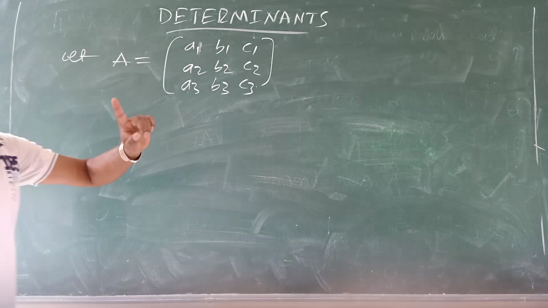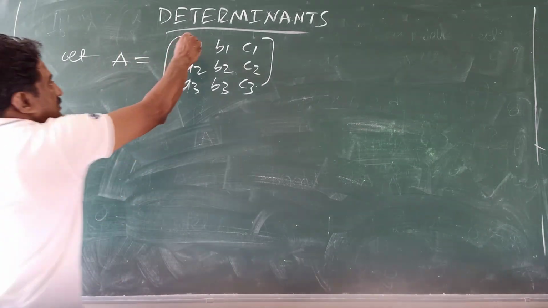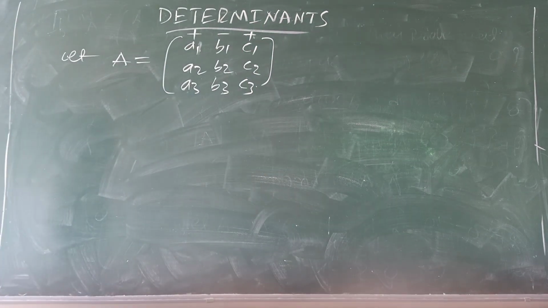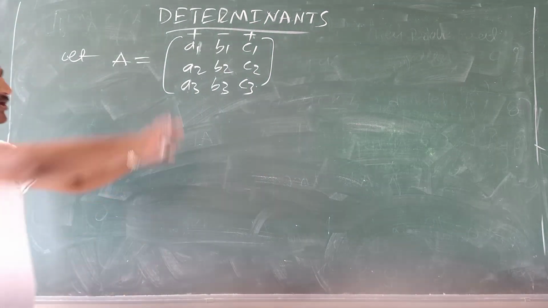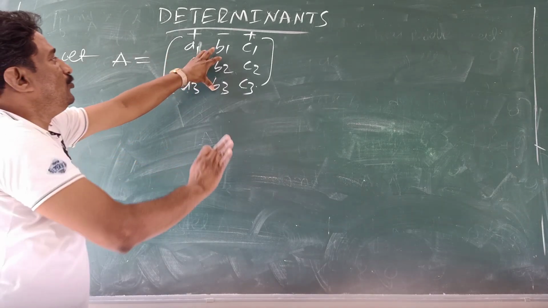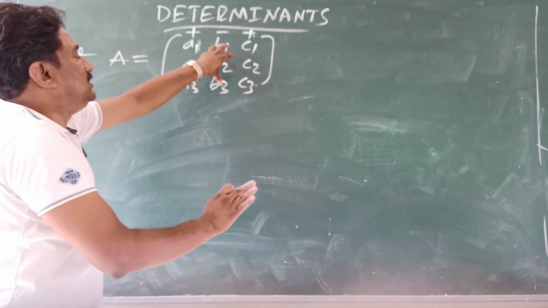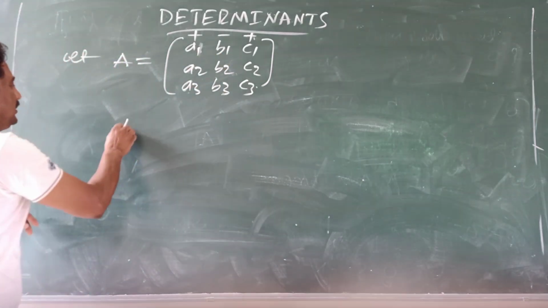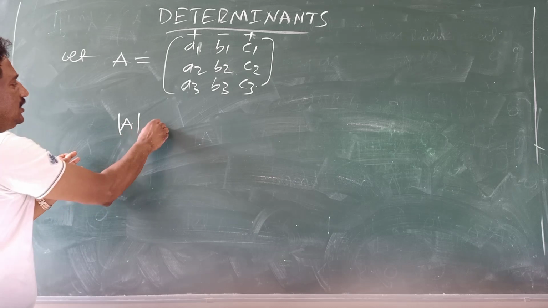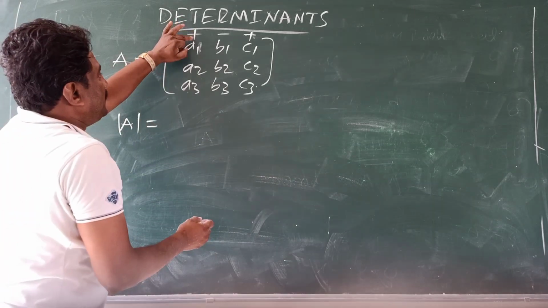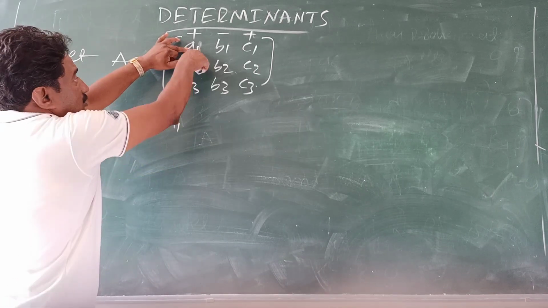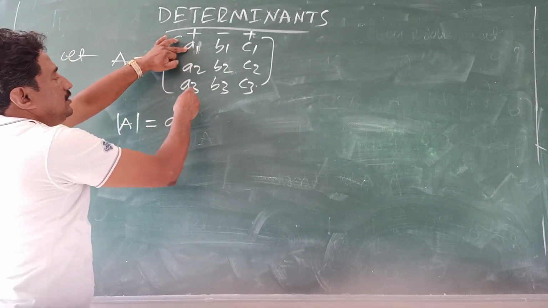Now how do we find the determinant of this third order matrix? Here it is plus minus plus. To find the determinant of a third order matrix, we have a rule. Follow this rule. Observe this carefully. How do you represent the determinant of this matrix? Det A or delta A. Det A: first you take plus A1.